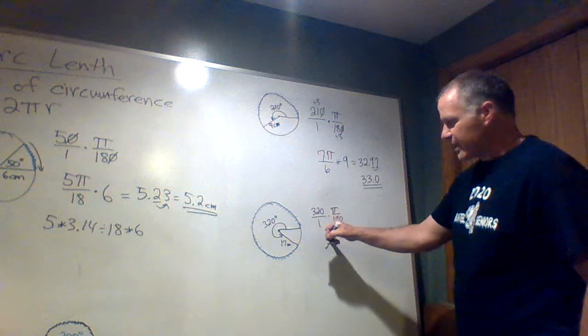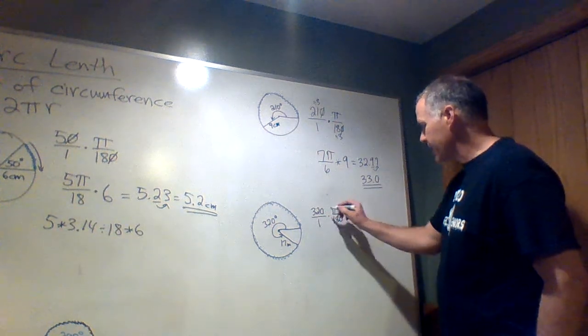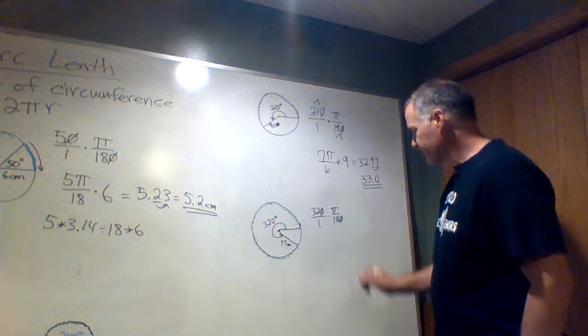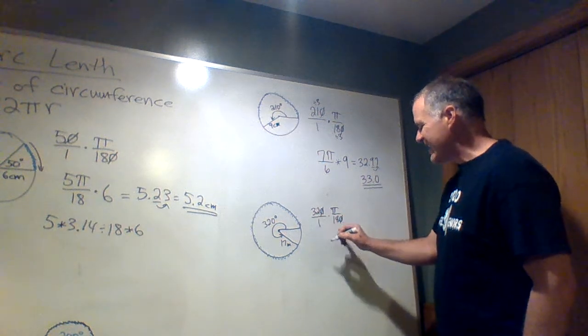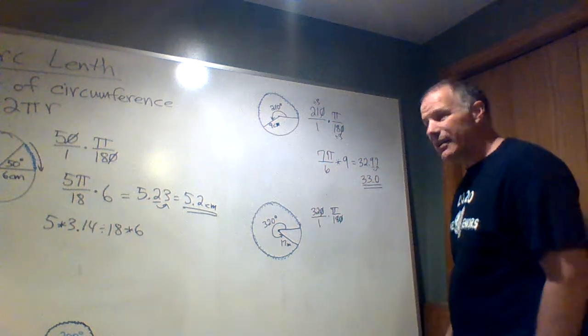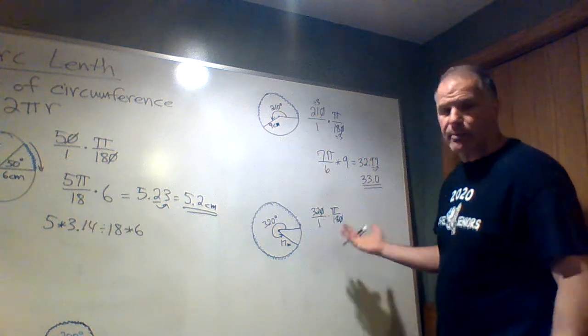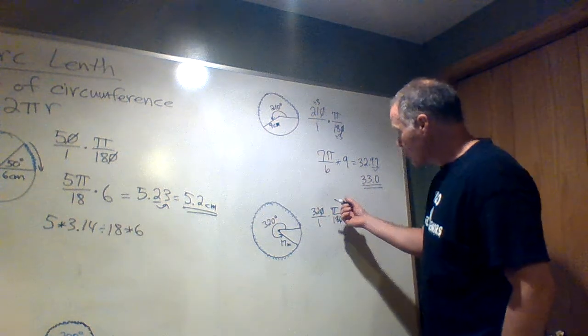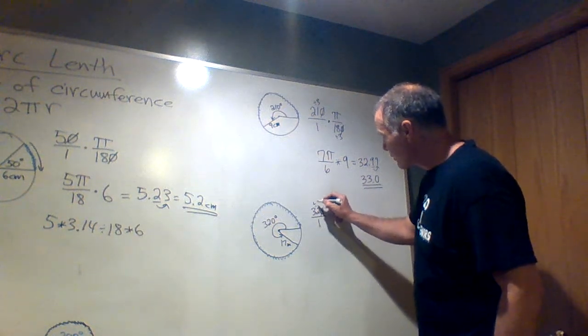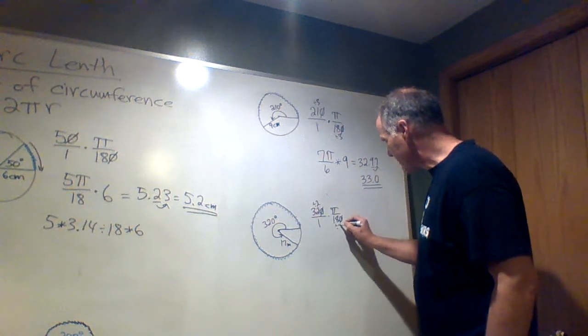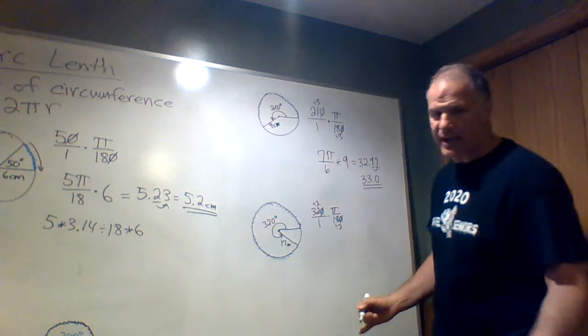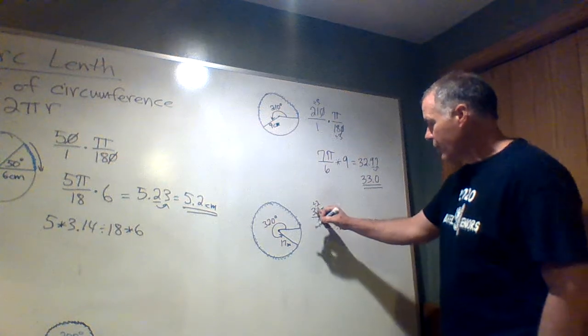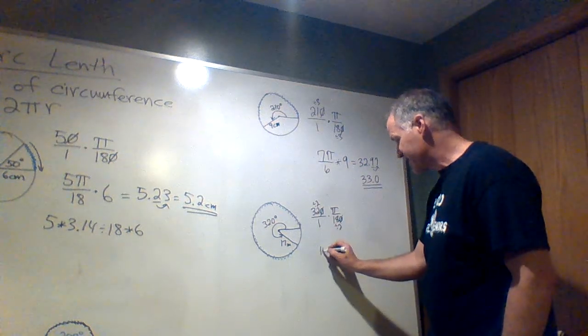Again, cross off the zeros. I have a 32 and an 18. I know that 32 and 18 are both even numbers, so I know I can divide by 2. 32 divided by 2 is 16.